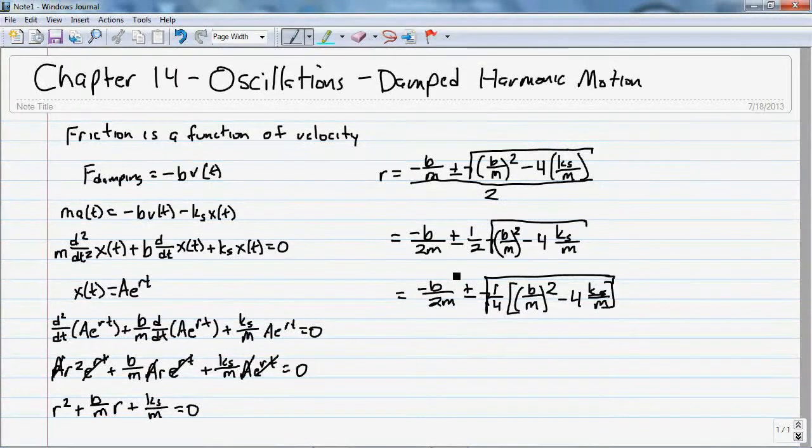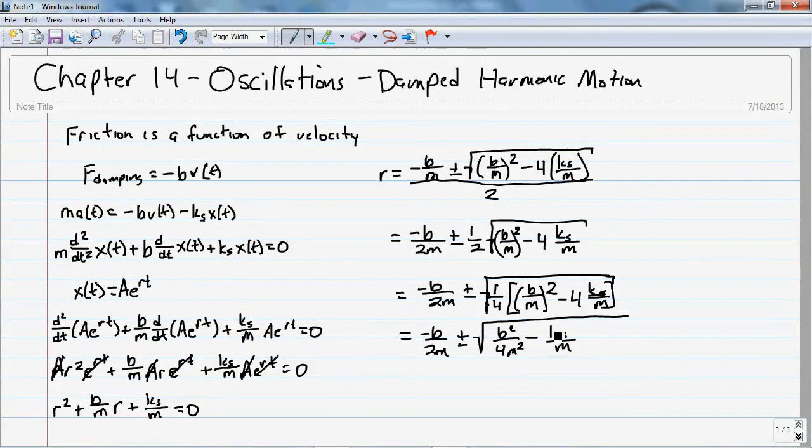And I distribute through the 1/4. That gives me b squared over 4m squared minus k of the spring over the mass.